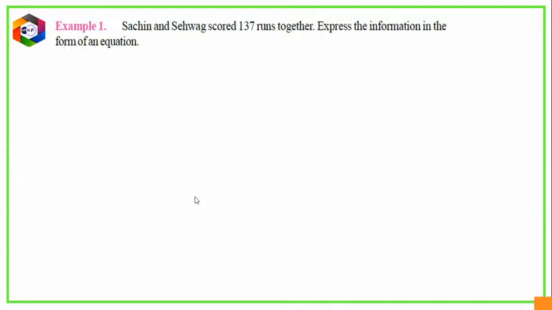Good children. So here two quantities. First of all, while doing these type of problems, we have to identify the two quantities and we have to assume. So two persons, one is Sachin and another one is Sehwag. So Sachin runs will be X, and Sehwag runs will be Y. And together they have scored 137 runs.